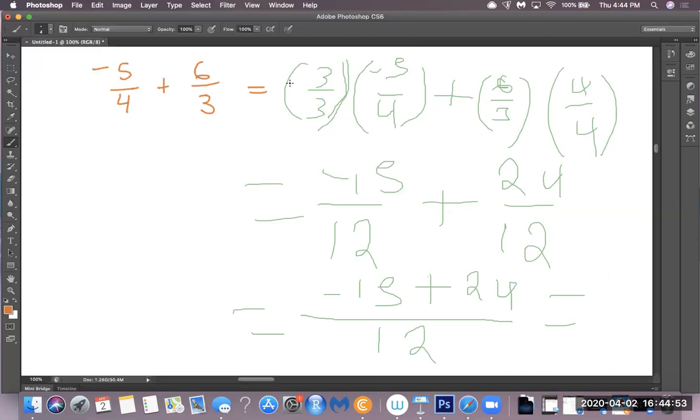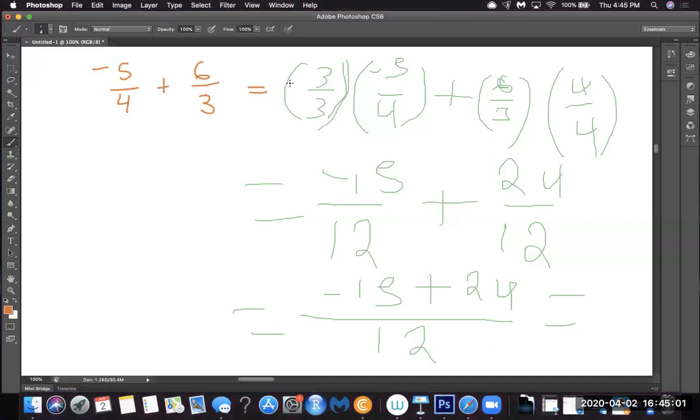So what's -15 plus 24? Positive 40. Why? Oh, 39? Why?